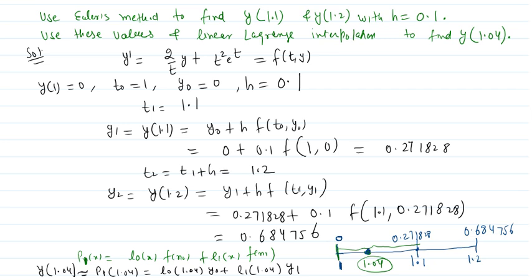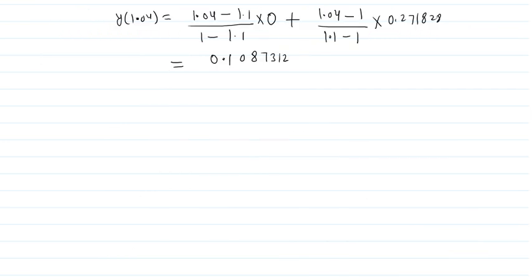Now take one example of modified Euler's also. We have taken two examples of Euler's, and now take one example of modified Euler.